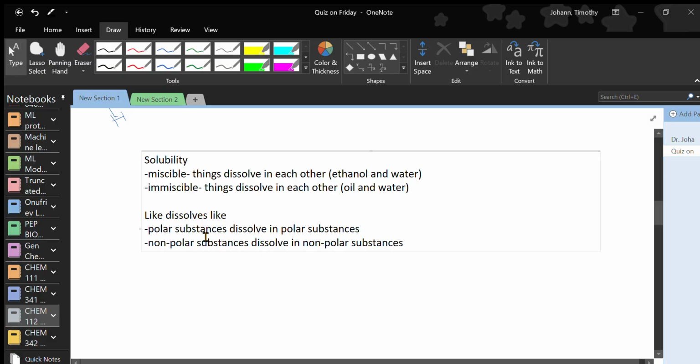I'm going to say ionic substances too. Ionic substances aren't exactly polar, you don't apply it the same, but essentially it's about charges. Things with a lot of charges dissolve in things with a lot of charges, and things without a lot of charges dissolve in things without much charge.